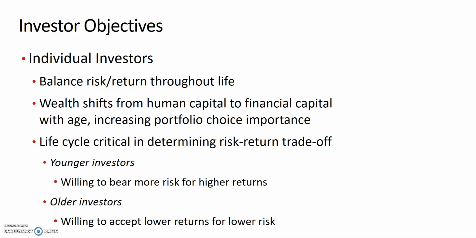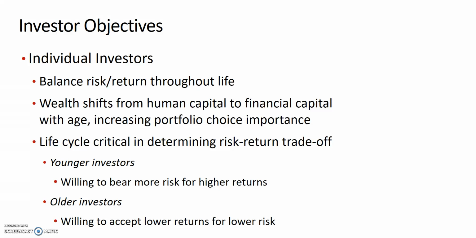Wealth, as it is invested from the individual, is going to shift from human capital to financial capital as age continues to increase. Also, the increasing portfolio choice of importance is going to increase, meaning that the life cycle is going to play a critical role in defining as well as determining the risk-return trade-off.